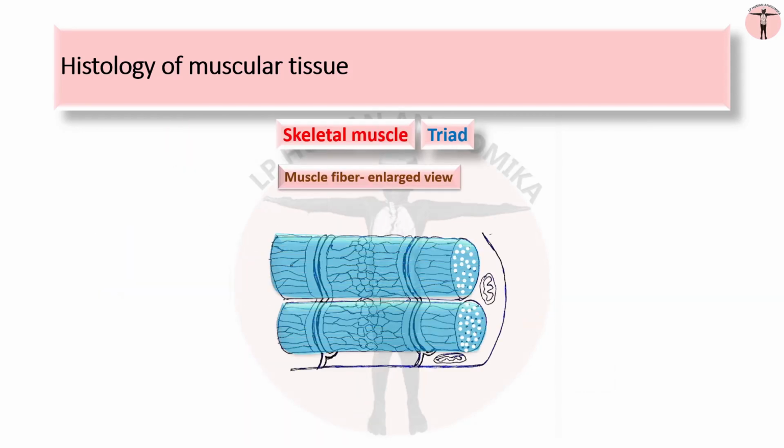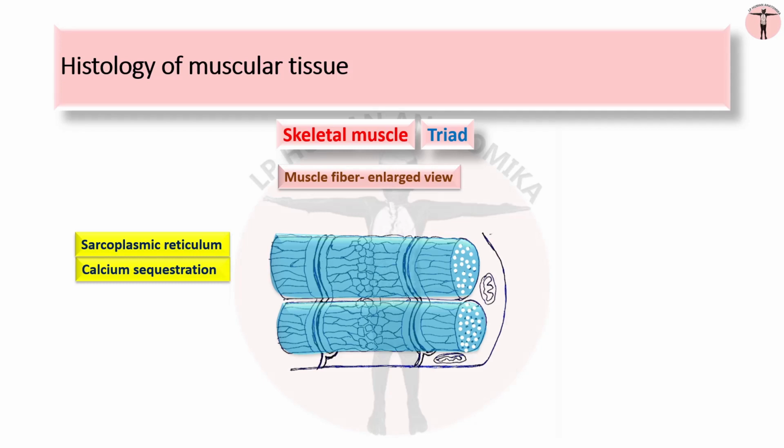To provide uniform contraction of all muscle fibers, the skeletal muscle possesses a system of transverse tubules or T-tubules. In skeletal muscle fibers, the smooth endoplasmic reticulum or sarcoplasmic reticulum is specialized for calcium sequestration.